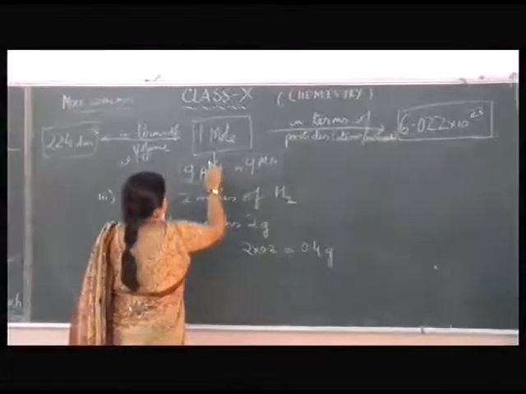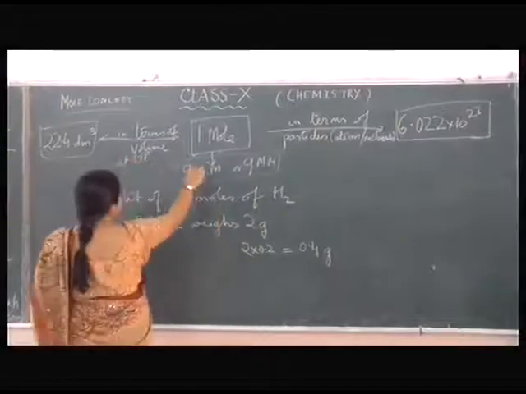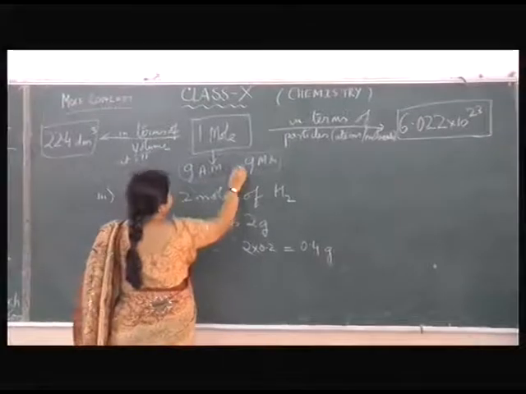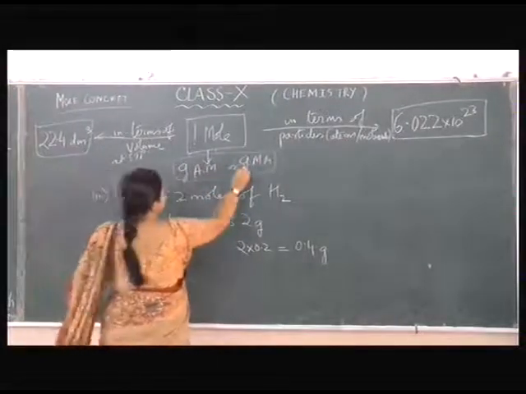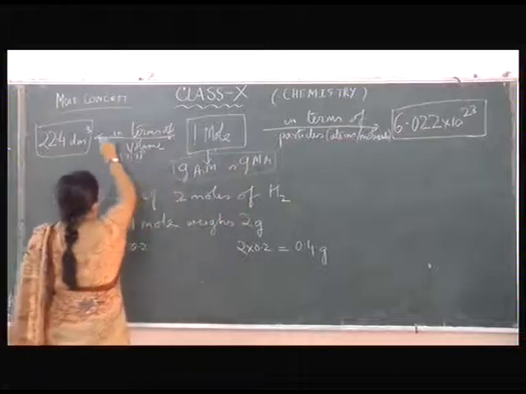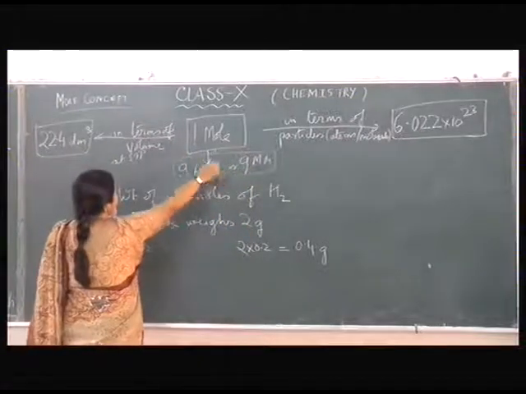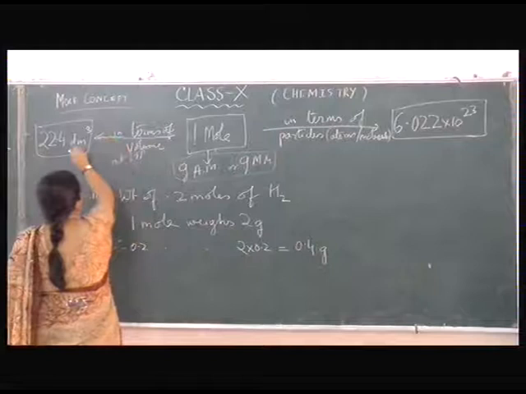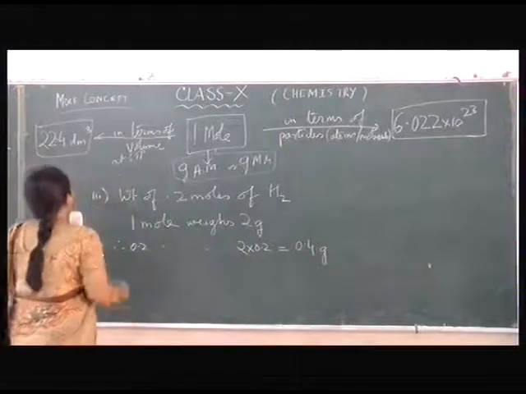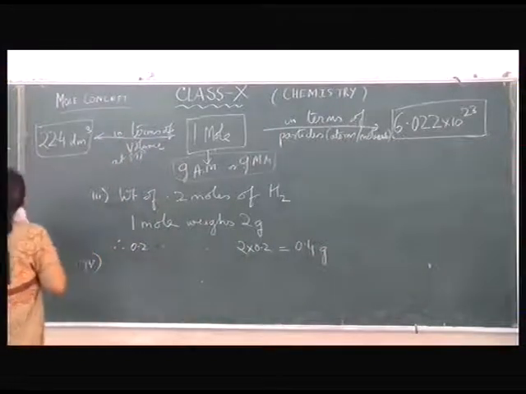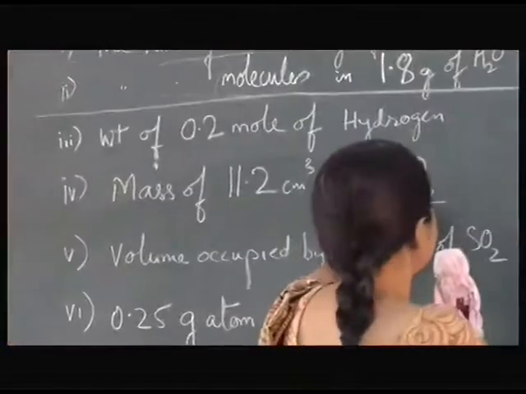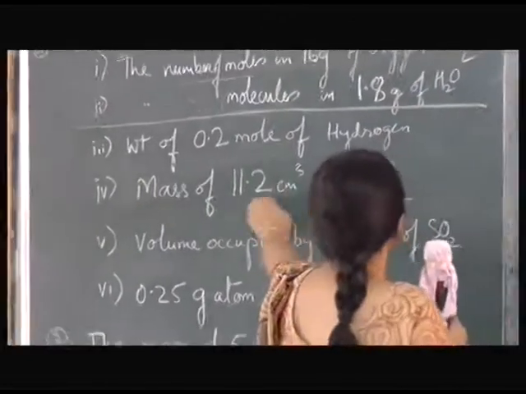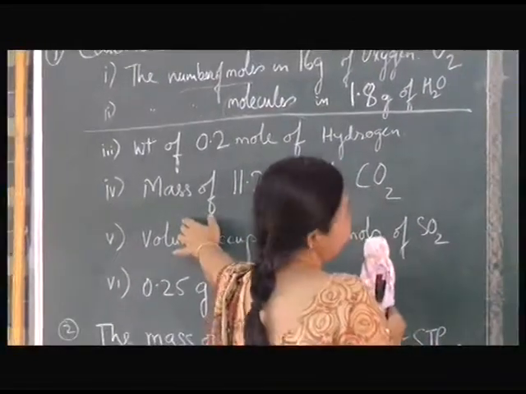How are mass and volume related? From this equation, the gram molecular mass of CO2, 1 mole, occupies 22.4 dm cube. The volume occupied is given, and the mass you have to find out.